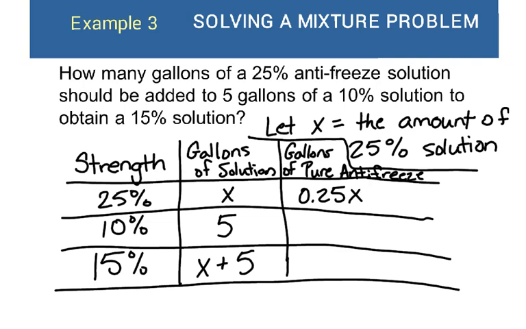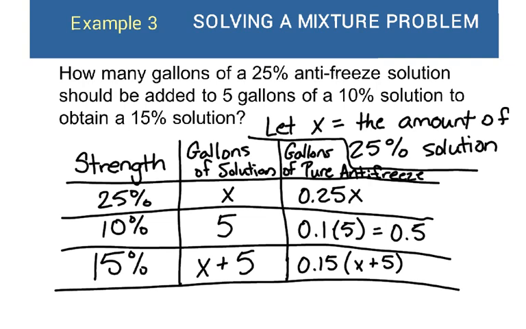And then here, 10%, so 0.10 or 0.1, times 5 is going to give us 0.5. And then again, 15% times x plus 5. We'll distribute this later on whenever we write our equation. I'm just going to write it out: 0.15, that's 15%, times our x plus 5.